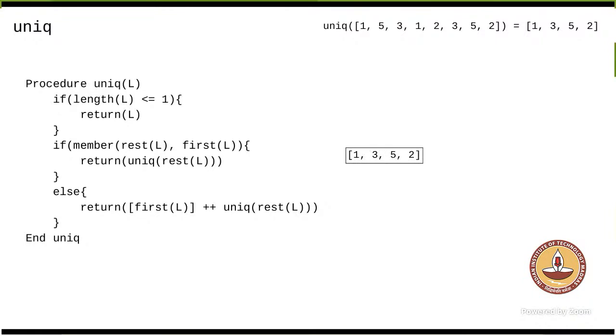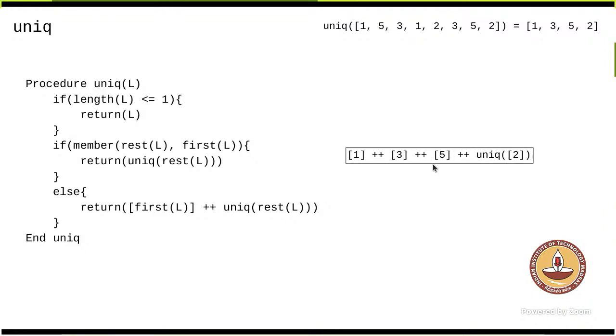Sir, I didn't get the last step where the list that is having element 1, we are adding the first of L before the unique of rest of L. Correct. But we are inserting here between 1 and unique of 5, 2. Yeah. So 1 plus 3 is 1 comma 3, right?